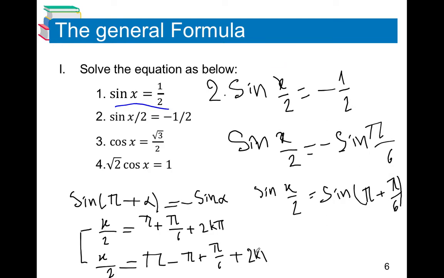Okay, this is the answer, but we need to simplify. This one is positive pi minus pi equals 0. We can simplify, so the answer would be like this.